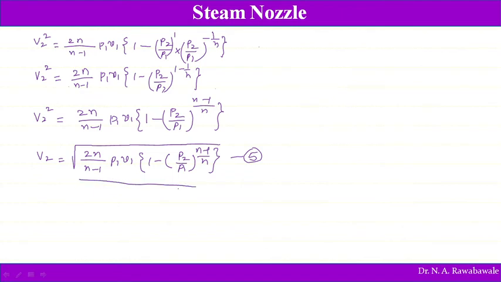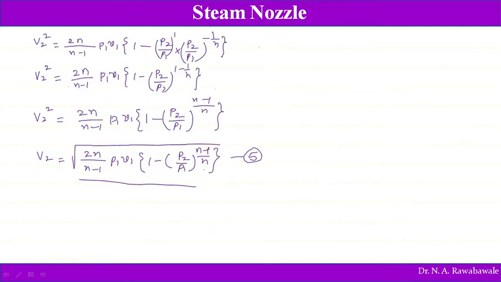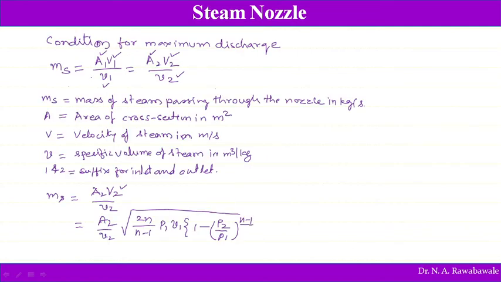So this equation number 5 is substituted here, and square root of 2n divided by n minus 1 p1 v1 in bracket 1 minus p2 divided by p1 to the power of n minus 1 divided by n. So this is the equation which was giving velocity.